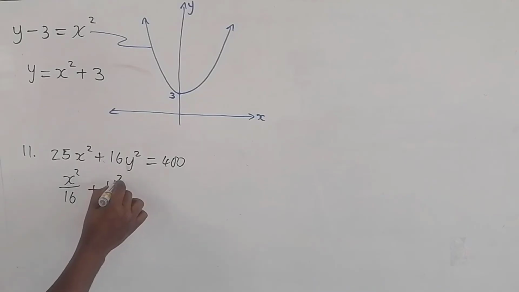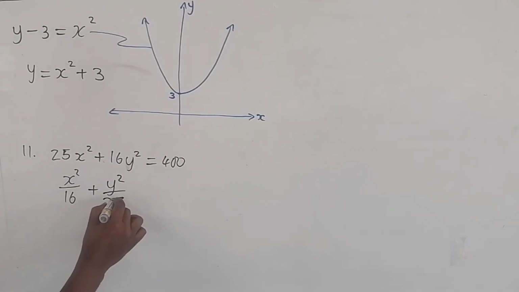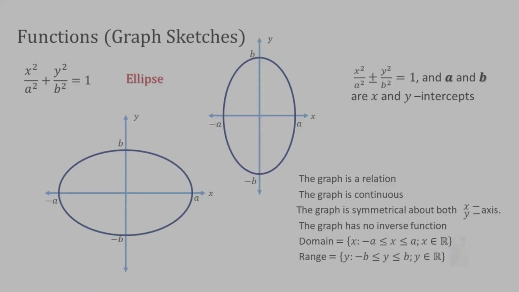The major difference is the sign. So when you have a negative, it's a central hyperbola. When you have a positive, it is an ellipse. So you can write it in its normal form so that you are not confused, and also to help you know the intercepts, because it will give you the x and the y intercept.